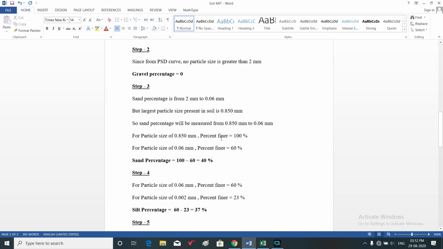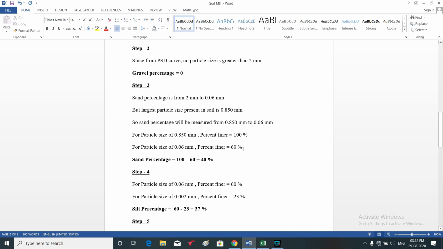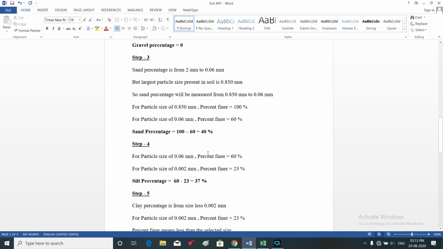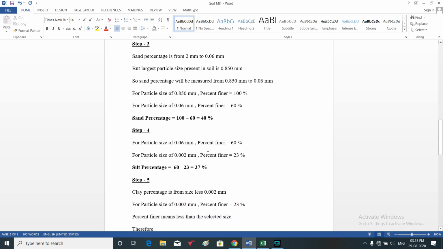It means all the soil passes through the 0.85 mm sieve, and for particle size of 0.06 mm, percent finer is equal to 60% as determined from the particle size distribution curve. It means the sand percentage in the given soil is 100% minus 60%, which is equal to 40%.